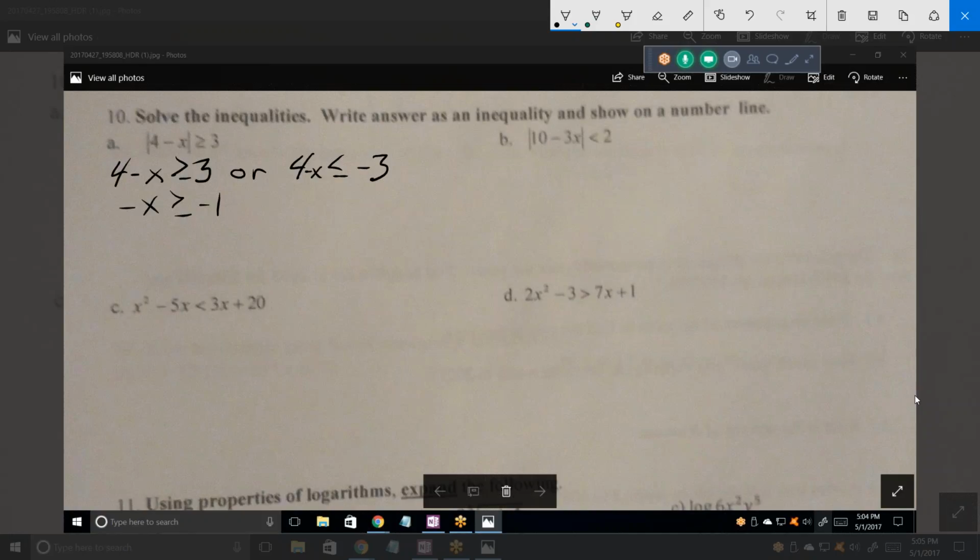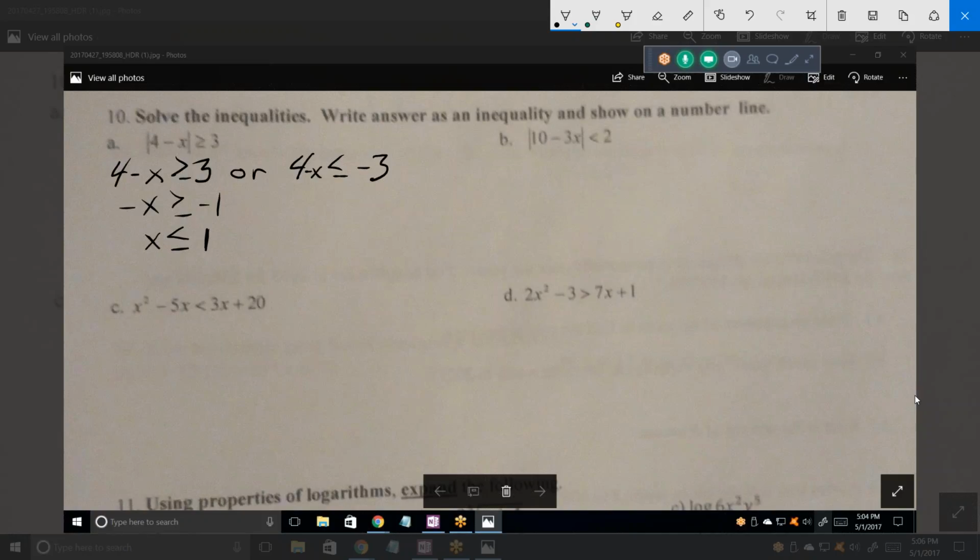Now what? In other words, you want x all by itself without that negative sign. So I have to divide both sides by negative 1. And whenever you multiply or divide by a negative number, you switch the direction. So that's what the solution of the left part is.